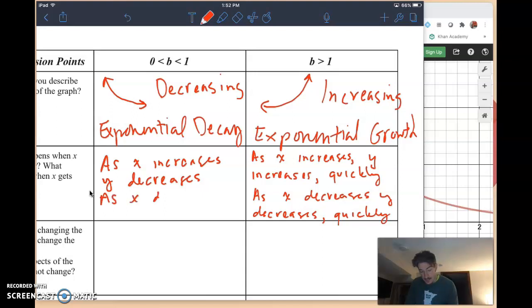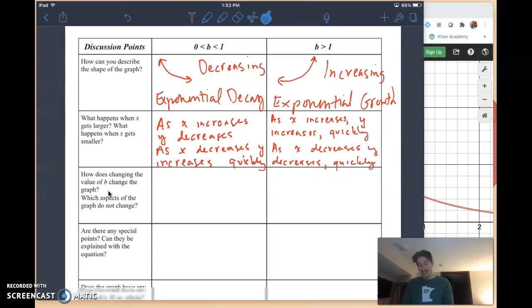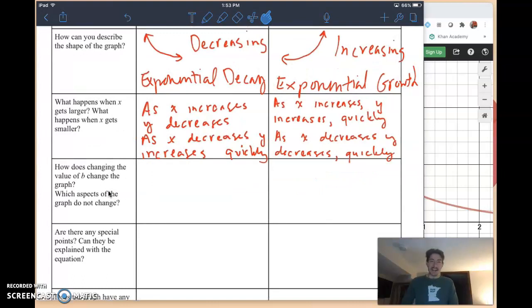As x decreases, we notice that y increases very quickly. Okay, and I apologize for my sloppy handwriting, which is why I'm trying to be audible with all my words here. So if you need to back up to listen to any of that, feel free to do so.